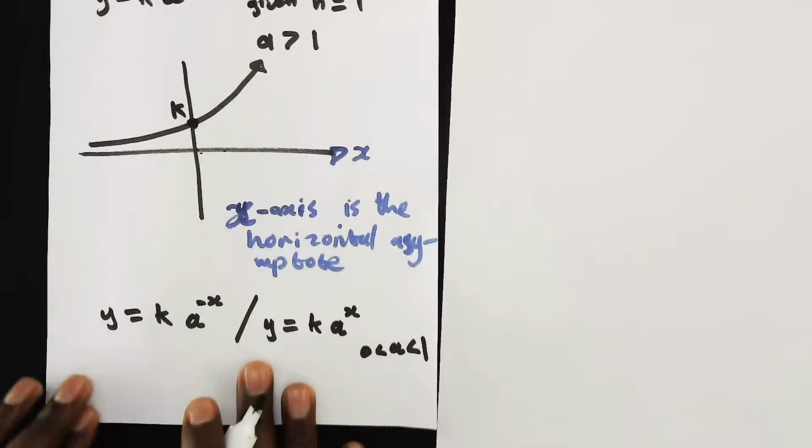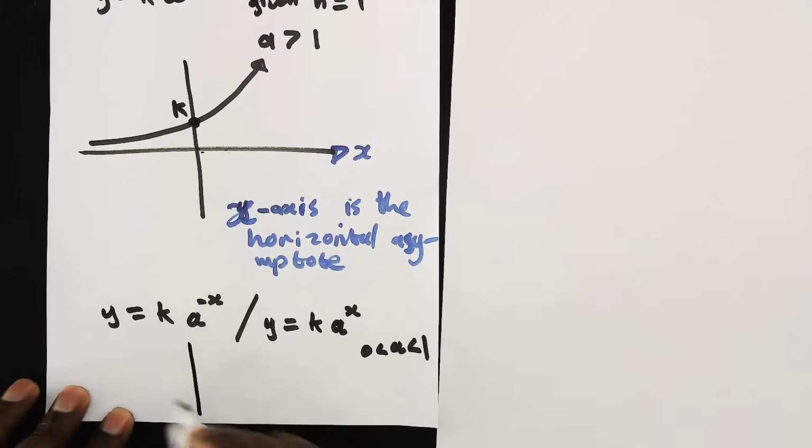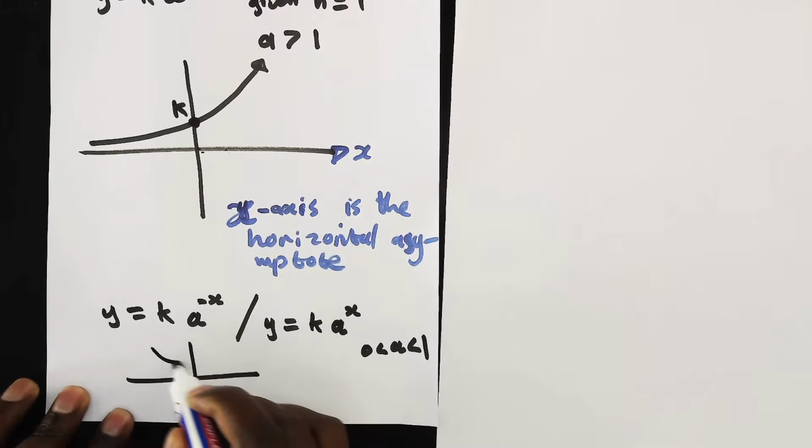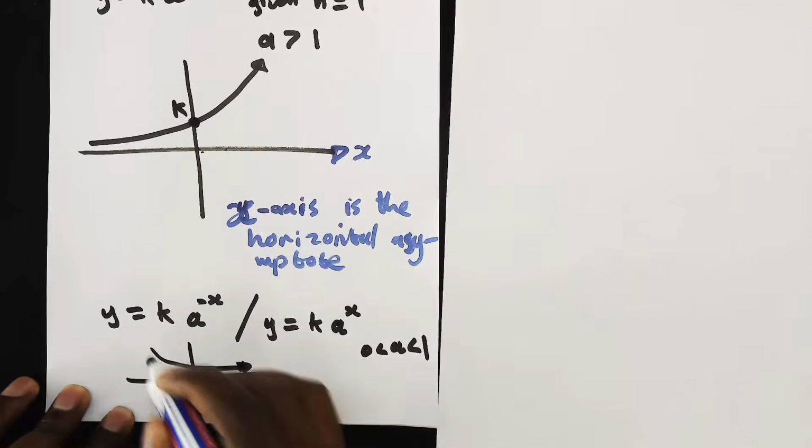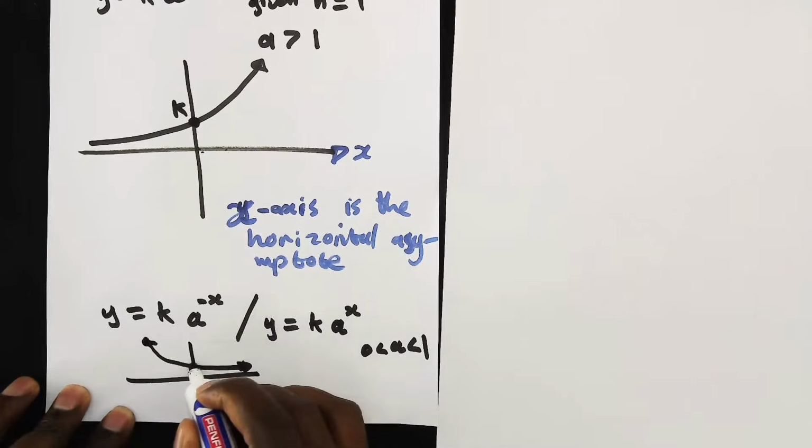So therefore the graph will be plotted decreasing exponentially towards the asymptote, and again the k there will be the asymptote.